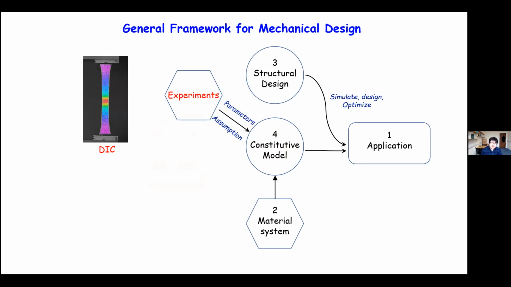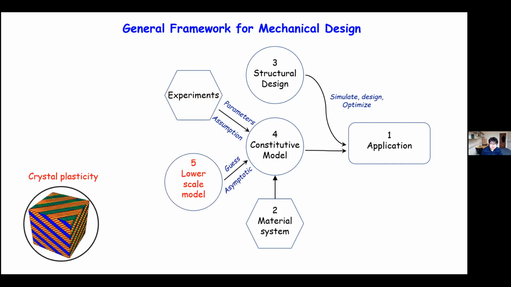And so this is one way. Another way where this constitutive model can come from is it can come from a lower length scale model, right? So for example, if we're thinking of metals, then a suitable lower length scale model at the polycrystalline level would be a crystal plasticity model, right? It's still continuum, but it describes the deformation at the grain level, right?